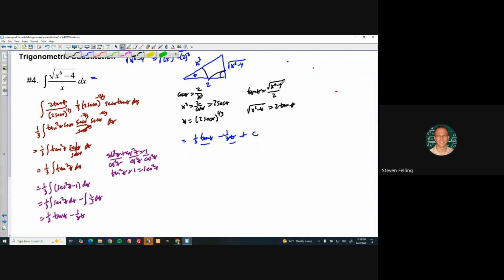Tangent of theta is radical x to the 6 minus 4 over 2. And for this theta, we can take either of these sides and figure out what theta is. Maybe we take this one. This is a little simpler. No, maybe we don't, because of all that. Let's use this one, because tangent of theta is the square root of x squared minus 4 over 2.